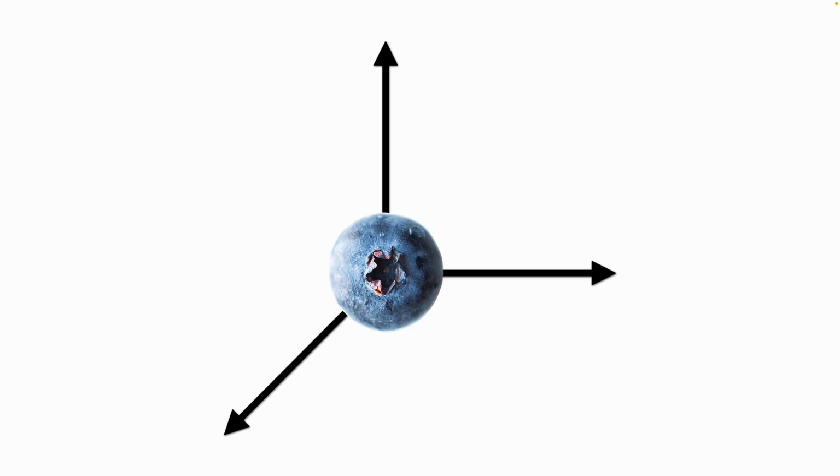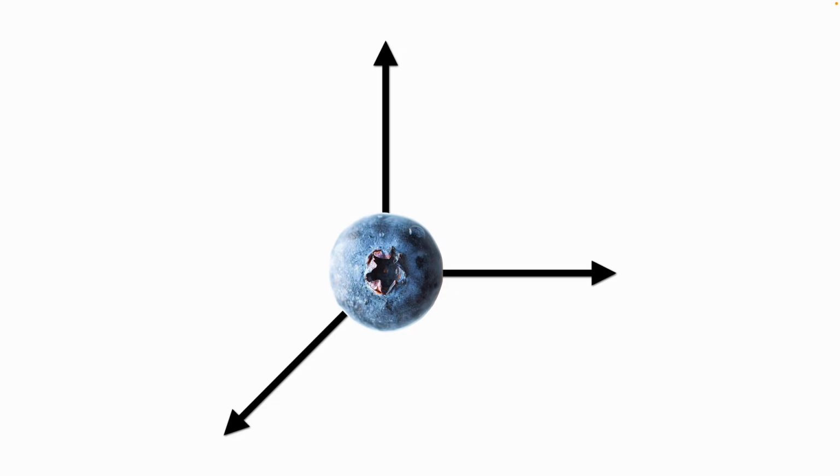Now consider a blueberry that has been placed at the origin of the Cartesian axis, and this would be our analogy for an electron. In this case, it would be a classical electron.